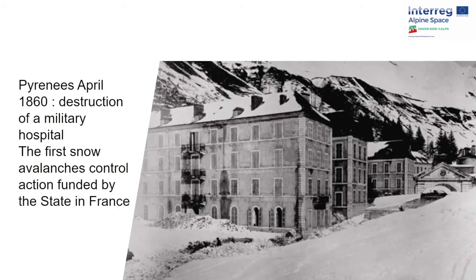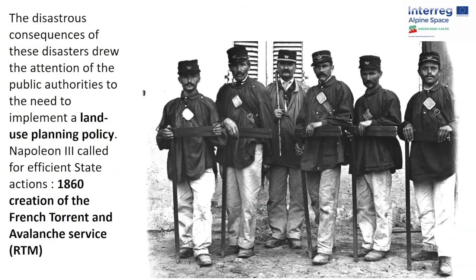Also in 1860 we get the first big snow avalanche damage, to a military hospital in the Pyrenees, and then the state decided to develop an efficient land use planning in order to avoid such situations and also to pay for protection control measures. It was done by Napoleon III, and he created this specific service of the Forest Office, the French Torrent and Avalanche Control Service, called in French Restauration des terrains en montagne.